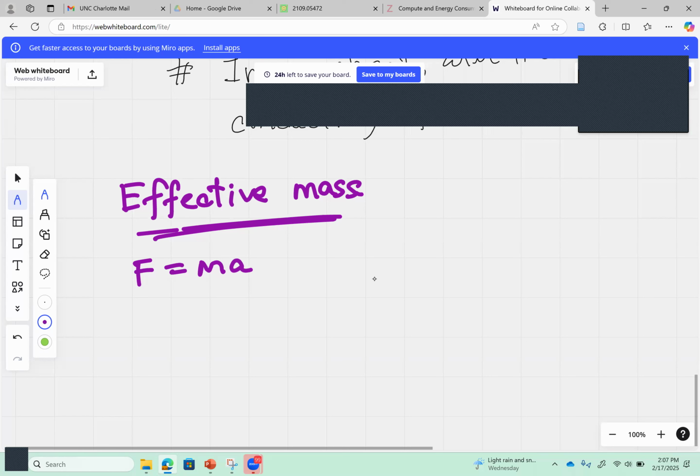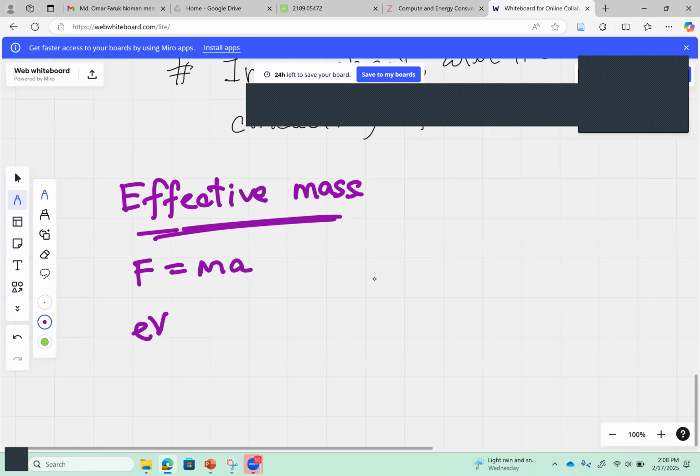So you may say that, well, I know the mass of the electron, and how about the force? Remember that in the case of bias voltage, the force comes from the electric field. So let's say you take a 1-volt battery. A 1-volt battery would actually create 1 electron volt of energy.